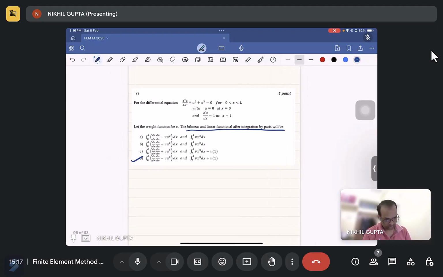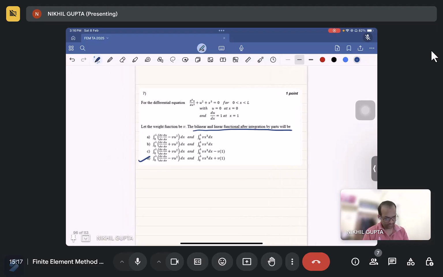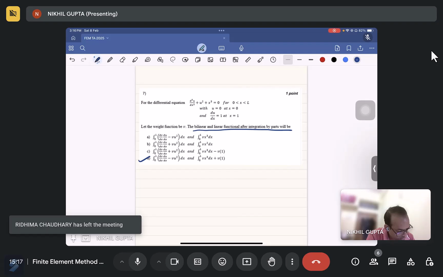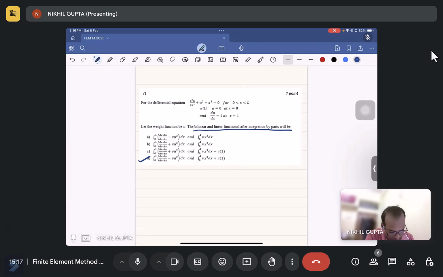I have one question here. When I was solving the question, the bilinear part is correct, but in the linear part one extra term is coming, that is minus v into du/dx at x equals 0. It's not given as one, so it should be there in the linear term.